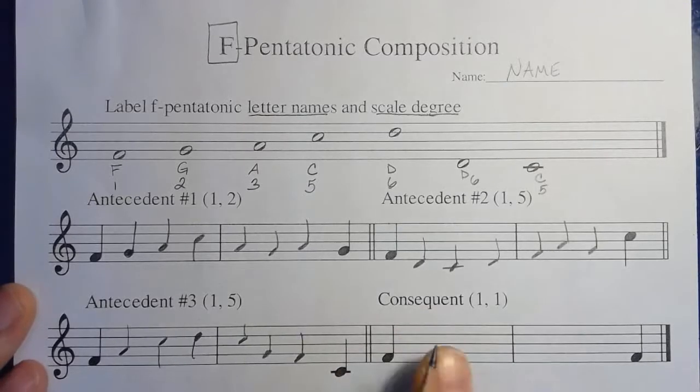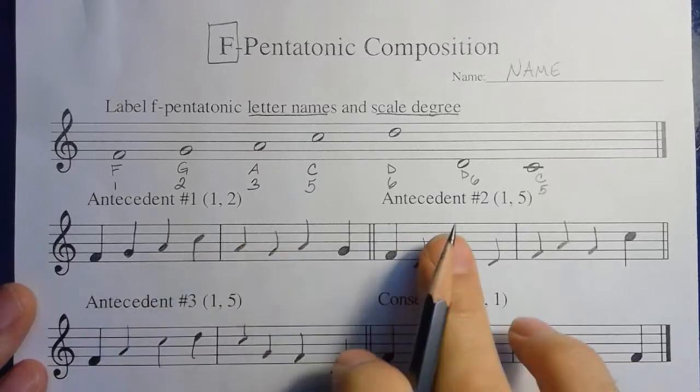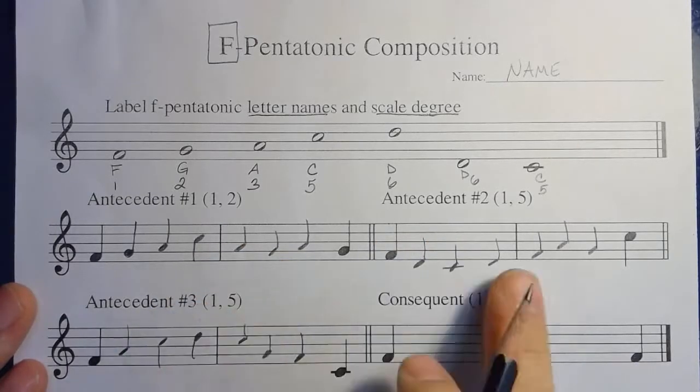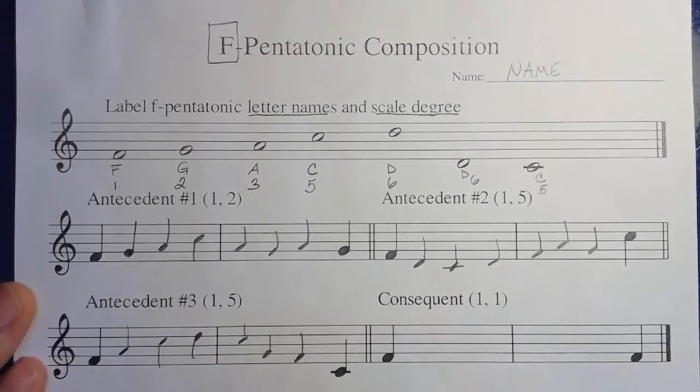Okay, I don't compose anything for the consequent. That's going to be determined by which antecedent I play. Now I have quarter notes, and that's good. But I'm going to go back and make some of them eighth notes.